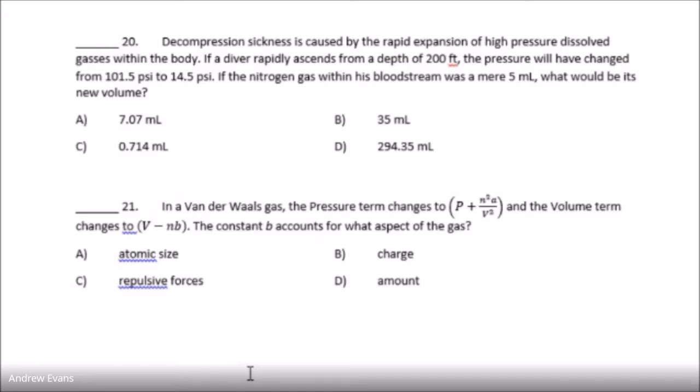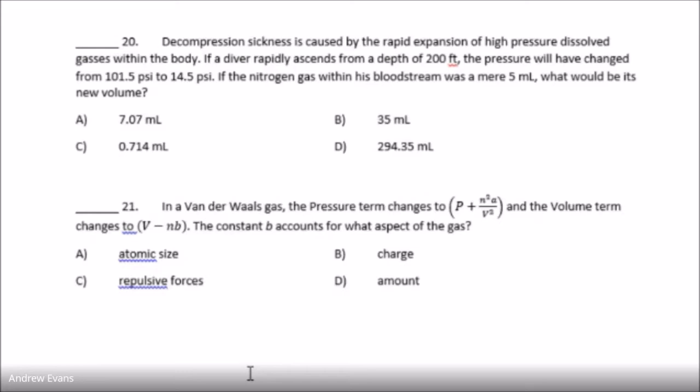So this one is an ideal gas equation, but it uses only Boyle's law. We don't use the full equation. This is one where we set up the 2 pressures and 2 volumes. This is simply put, P1 V1 equals P2 V2.